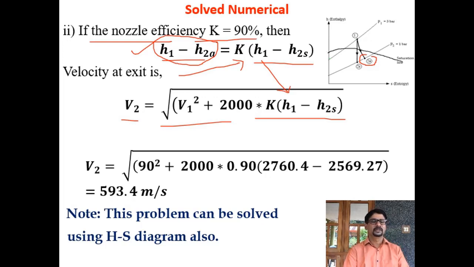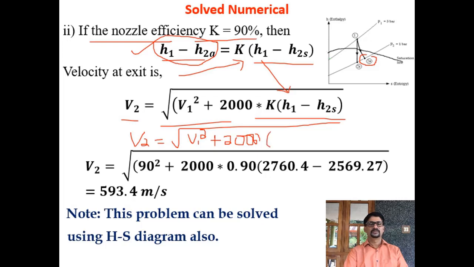The actual formula should be like this: V2 is equal to square root of V1 square plus 2000 into the actual enthalpy drop, that is H1 minus H2A. Try to understand this, don't get confused. Sorry, I'll write that A here, let me erase that. Okay, so this is the formula I should use.